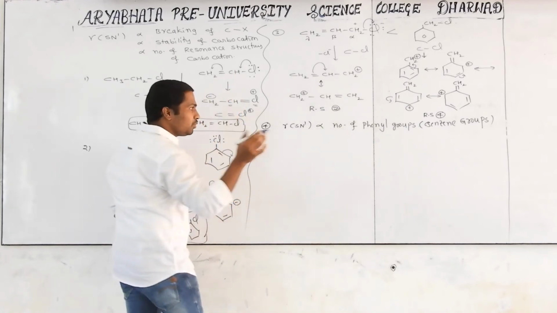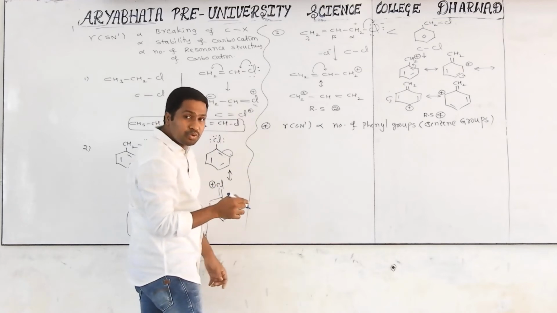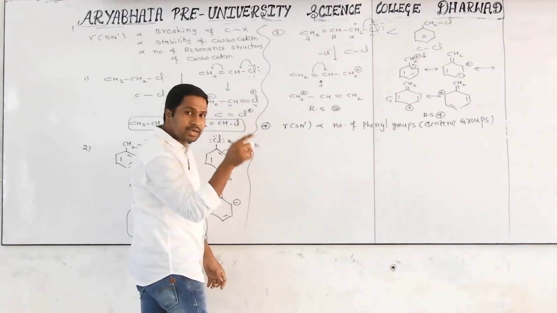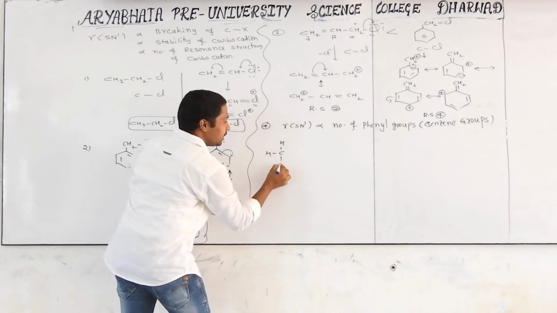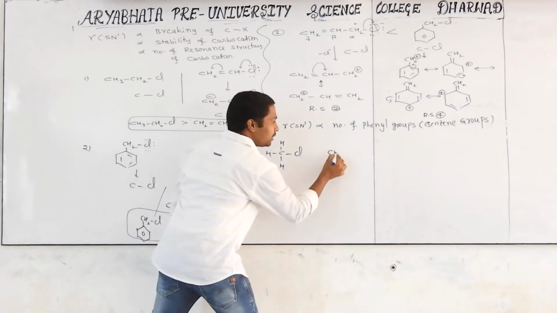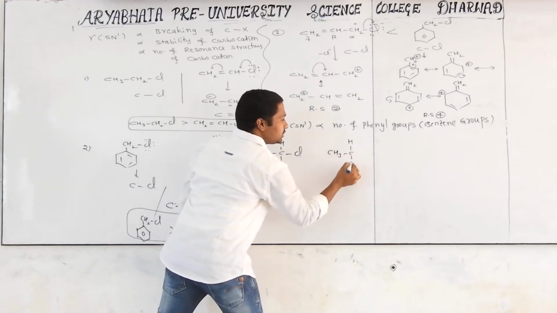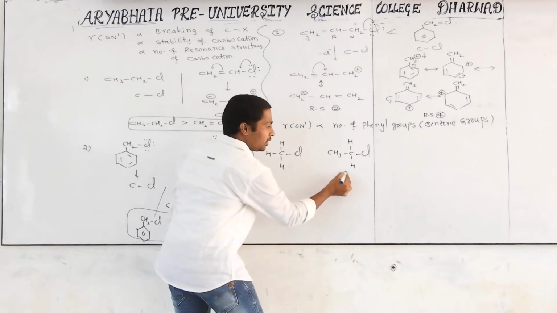Okay, now I will give you one question. Already you have the SN1 mechanism reactivity order, which is tertiary more than secondary more than primary. That's why I'm writing here CH3Cl, which is methyl chloride. Then we have CH3CH2Cl. What is this one? Primary alkyl halide.